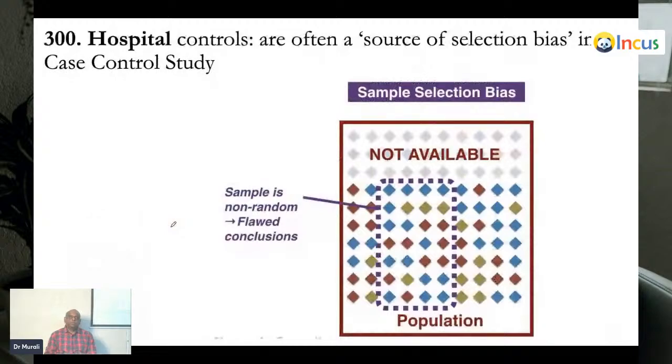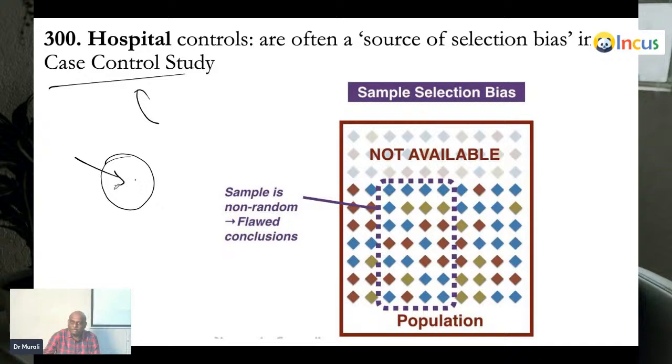Now, what is the very common cause of selection bias? Hospital controls. So your boss tomorrow, after you joined PG, asked you to do a case control study. What will you do? You will selectively go and pick up the cases available in OP.